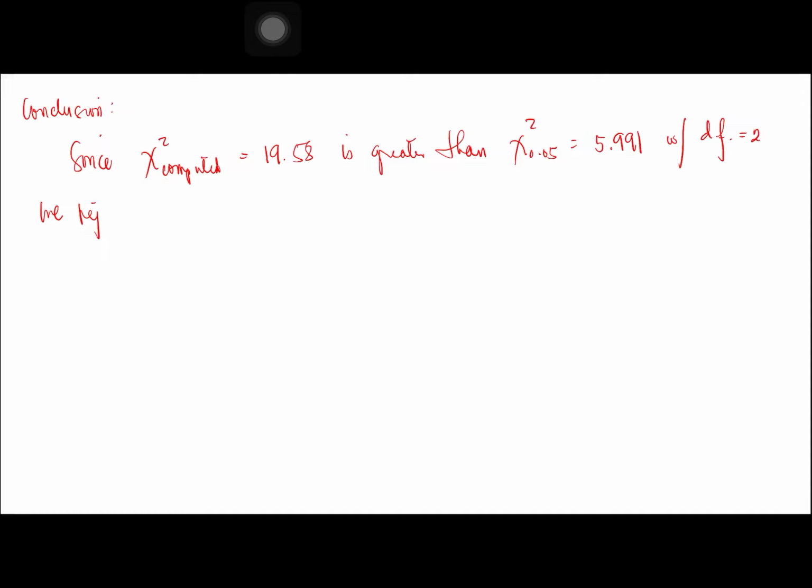We reject our null hypothesis that there is no significant difference between them.